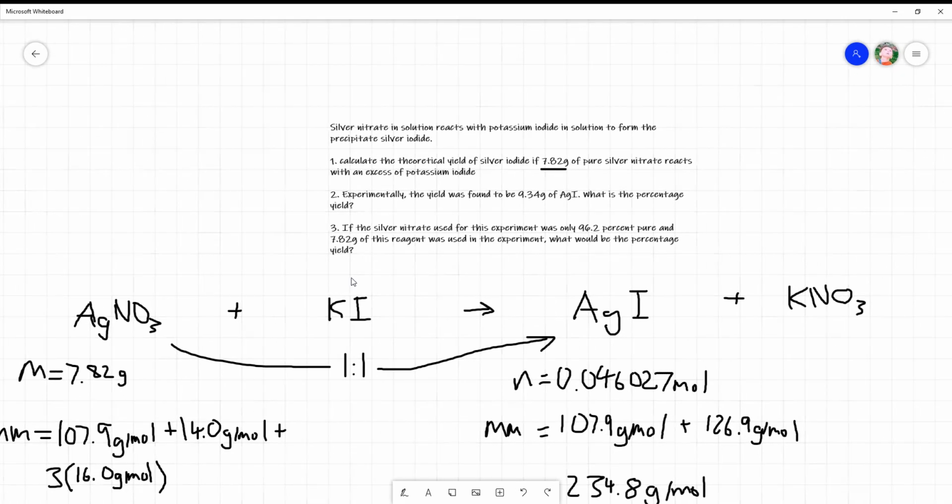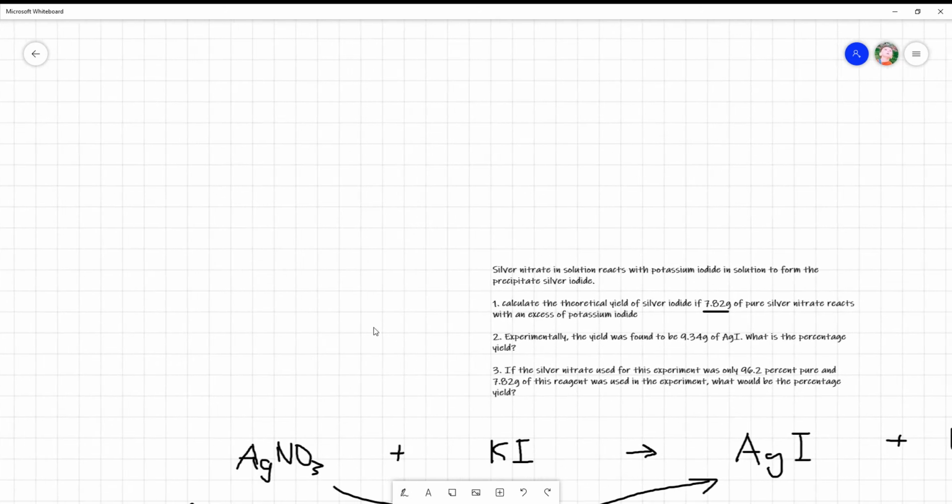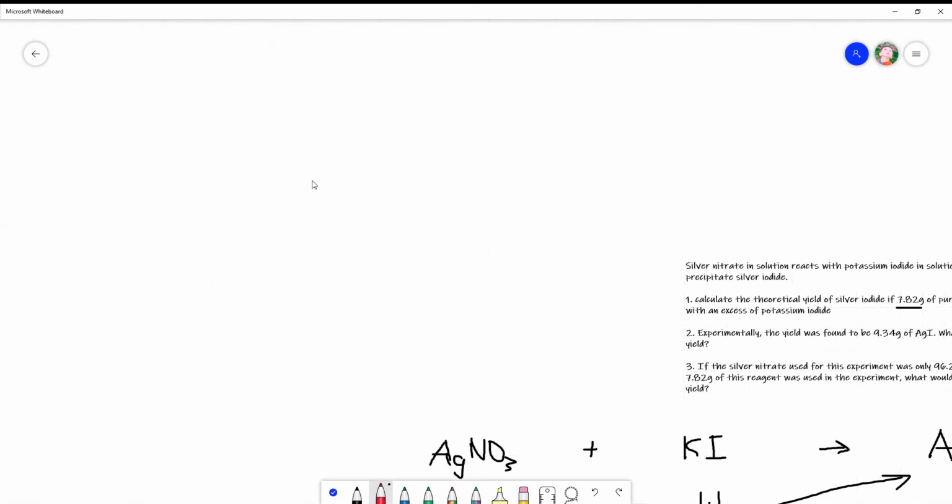Now in the second part of the question, it asks: experimentally, the yield was found to be 9.34 grams of silver iodide. What is the percentage yield? The percentage yield can be calculated by taking the experimental yield and dividing it by the theoretical yield.